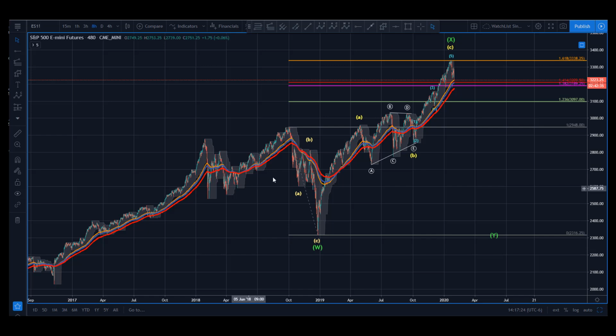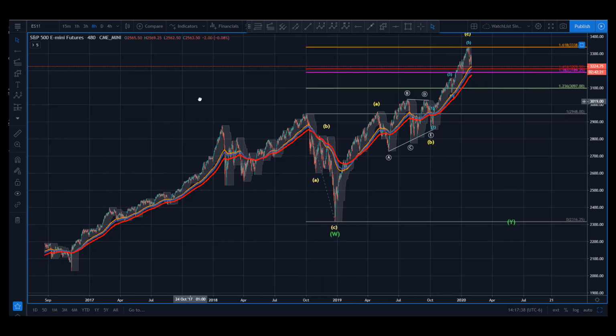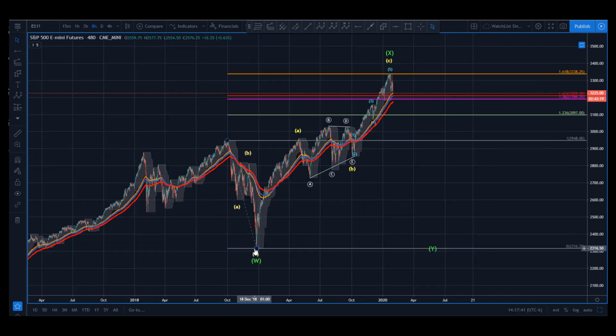So if this is a W, and we've gone up here, there is a case to be made that we've gone up in an A, we put in this triangle B, and now this 5-wave impulse that's completed here is giving us a completed ABC of an X wave as part of a sideways combination.